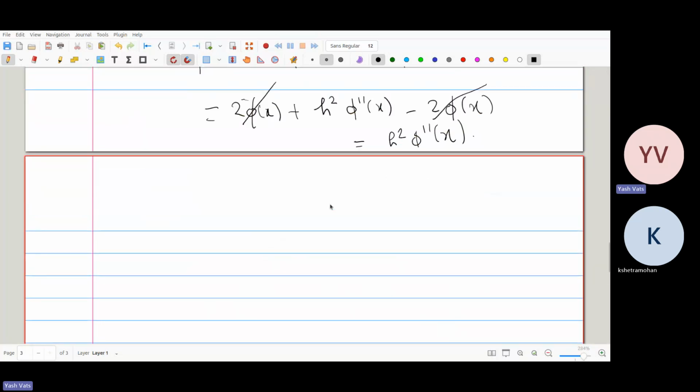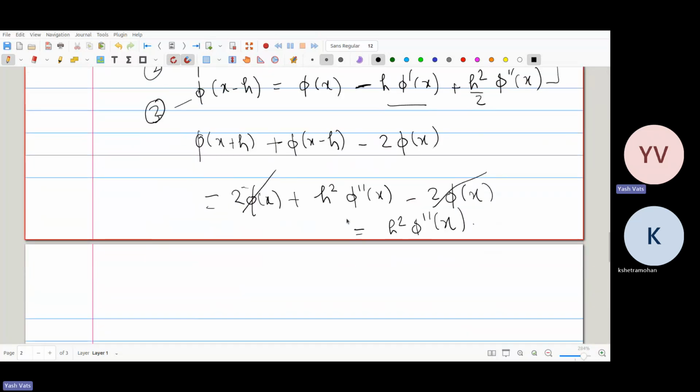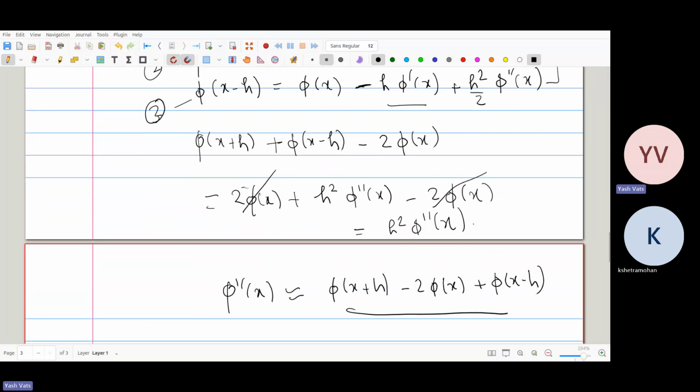So what does it mean? It means phi double prime x can be approximated as phi x plus h minus 2 phi x plus phi x minus h, divided by h square.